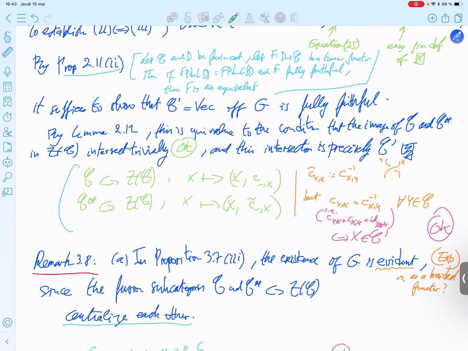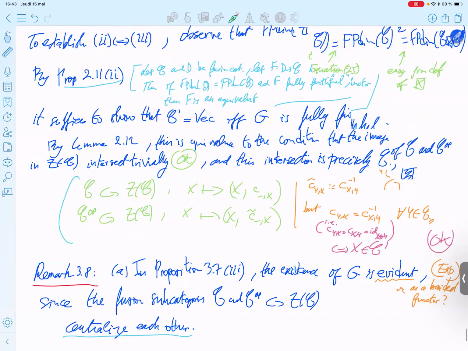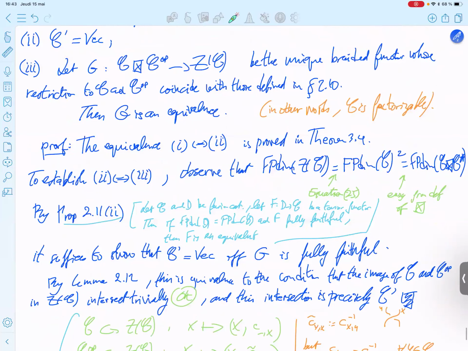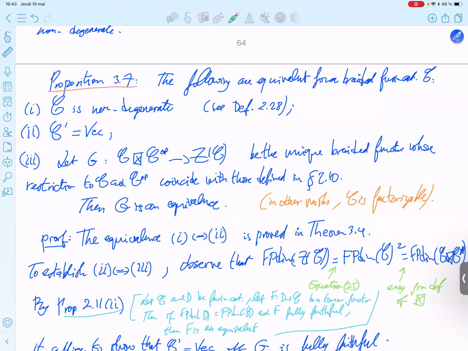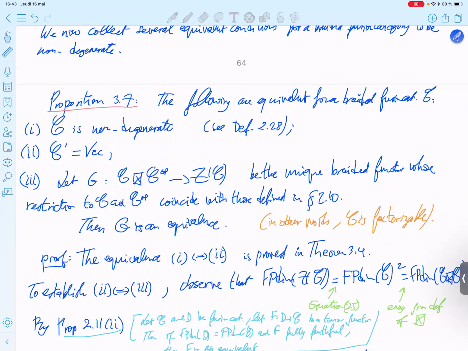It is not clear to me what they mean by evident, because in Lemma 2.12, as I read before, you have two subcategories D1, D2 in C, and they consider the functor from D1 tensor D2 to C. The existence of the functor is immediate.